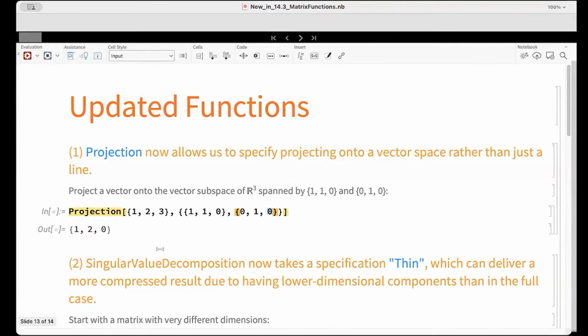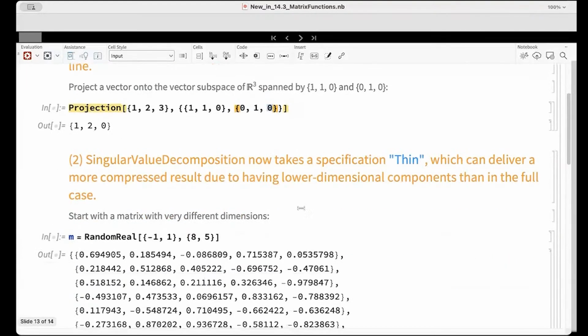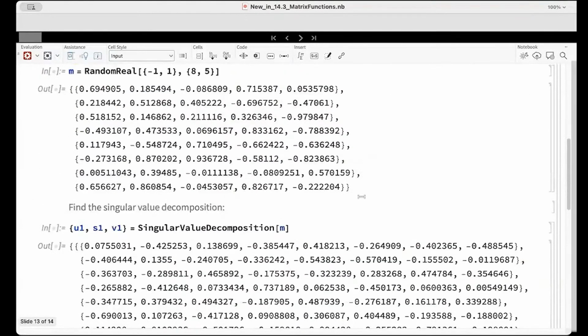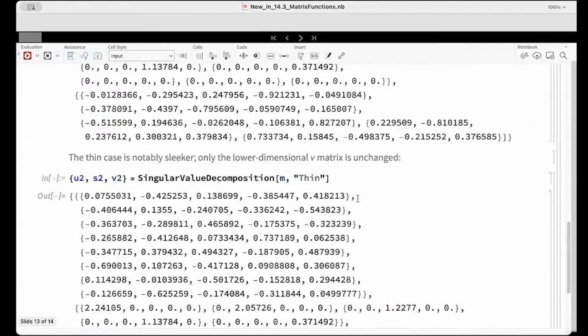Singular value decomposition has also been upgraded to take the thin form. This is something fairly standard from the literature. And what's nice about it is it can give a more concise result.